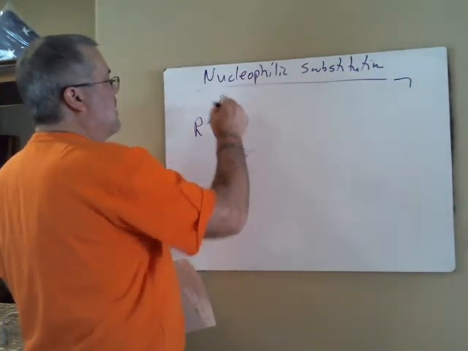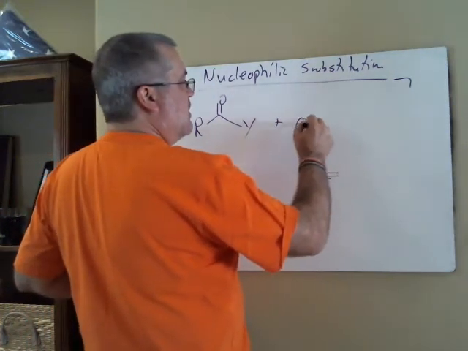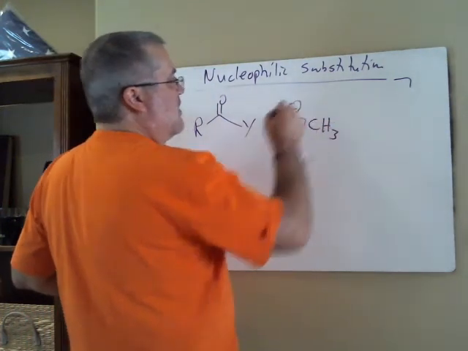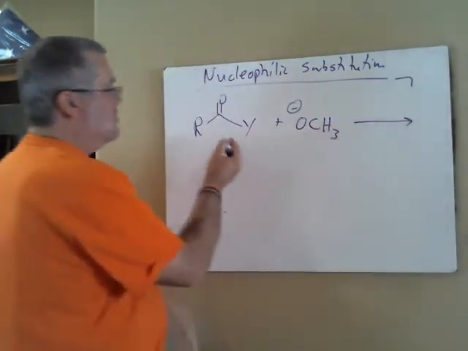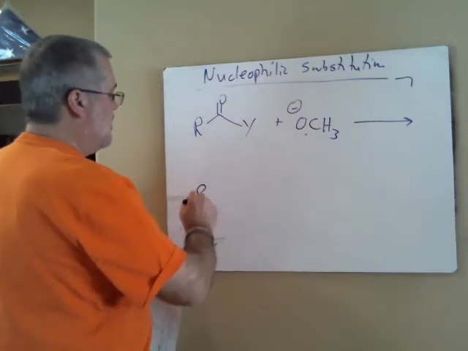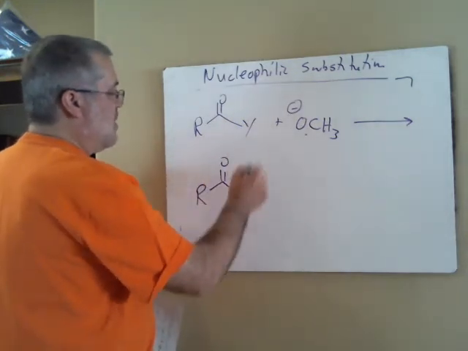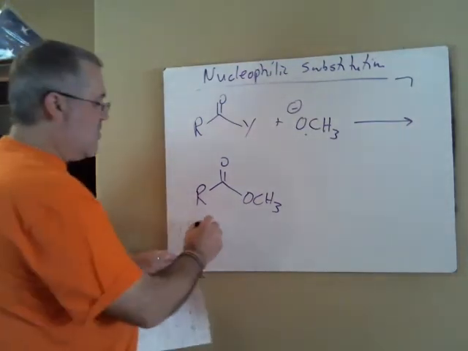All right, so if you want to look at a simple, quick example of that, we'll use a generic carboxylic acid derivative, and this reacted with methoxide. Okay, knowing what I just told you, what is the result of this going to be? If this is the nucleophile, it's going to substitute in for what the Y is. So I just put that in that place, and oh, look, I formed an ester.